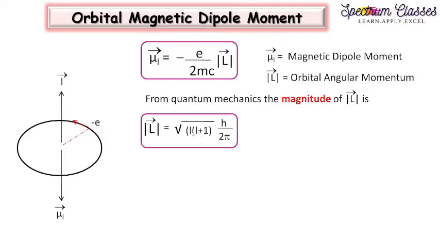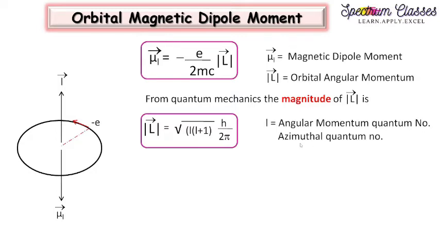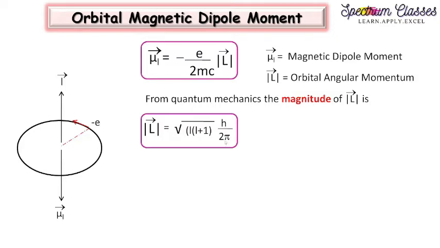Small l is the angular momentum quantum number, also known as the azimuthal quantum number, and the important point about it is that it describes the orbital motion of the electron. And this is h upon 2 pi, h is Planck's constant. Or sometimes you will find h-bar over here, which means h upon 2 pi.